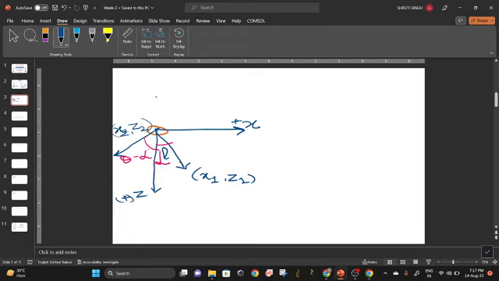We are measuring the angle in the anti-clockwise direction, so alpha is okay, but this whole thing is theta.